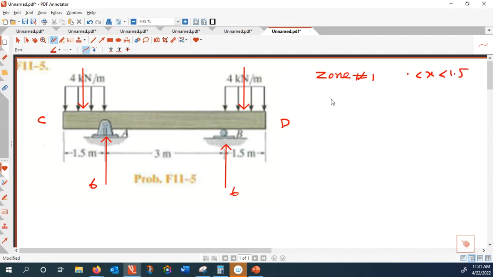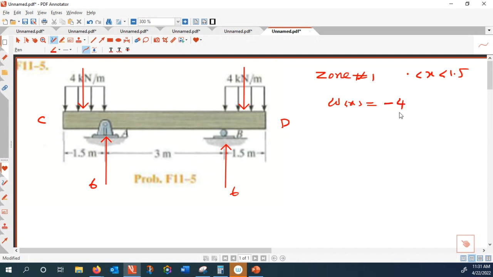And we need an expression for W of X. How can this expression be written? Minus 4, right? Because the unit for that is Newton per meter. It's the intensity, it's not a load. The intensity of the load.